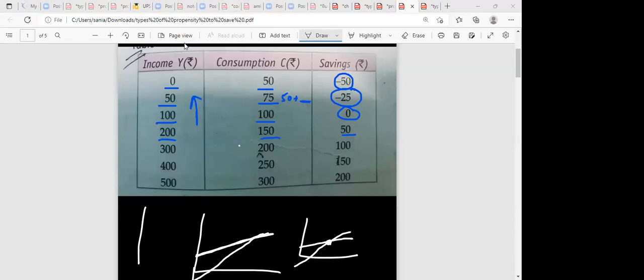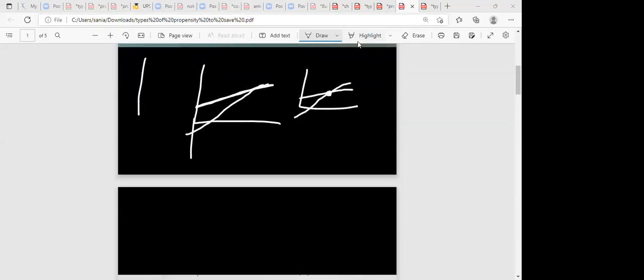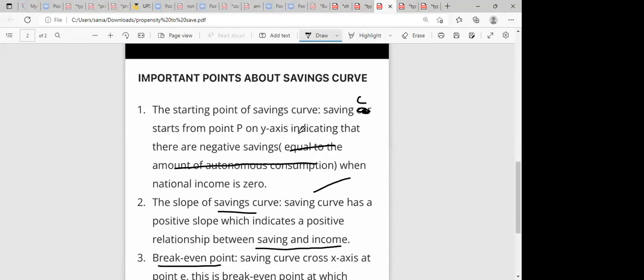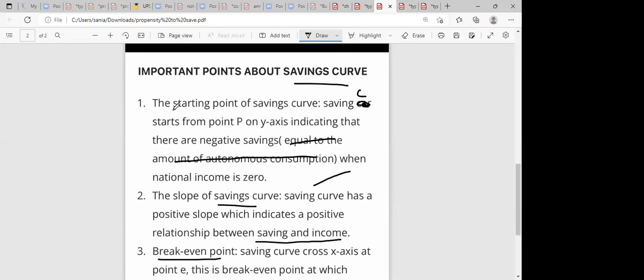I hope everyone is done now. Now we will be writing a few points about the saving curve based on the graphical representation. The very first point is the starting point of the saving curve.